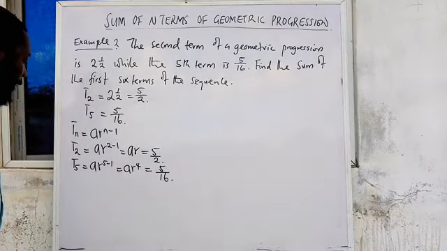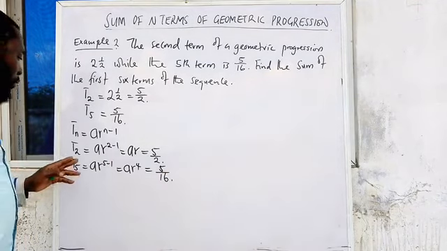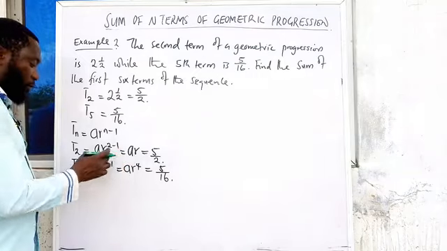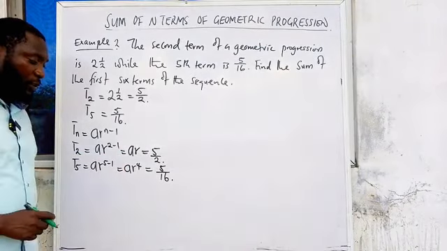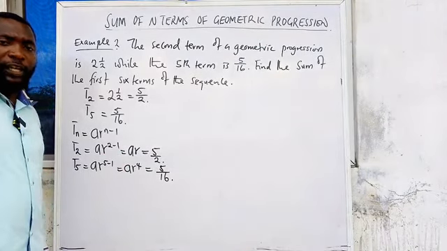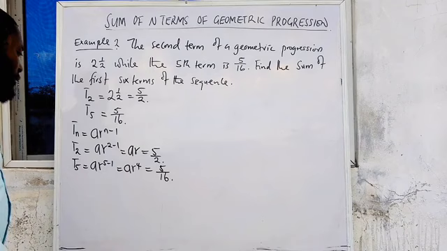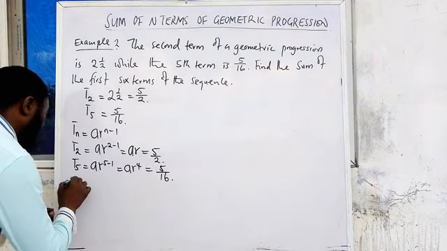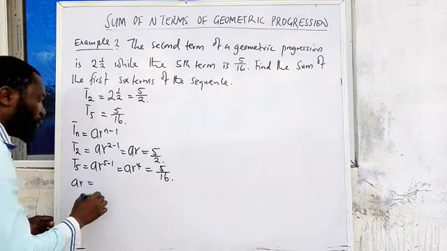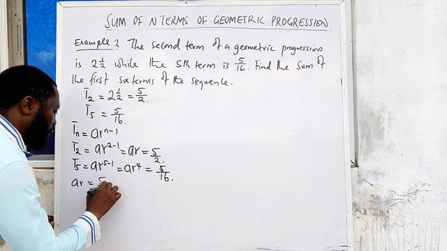Now we know the equation for the first one and the second one. Let's solve these two equations together in order to get the values of a and r. Equation 1: ar equals 5/2.